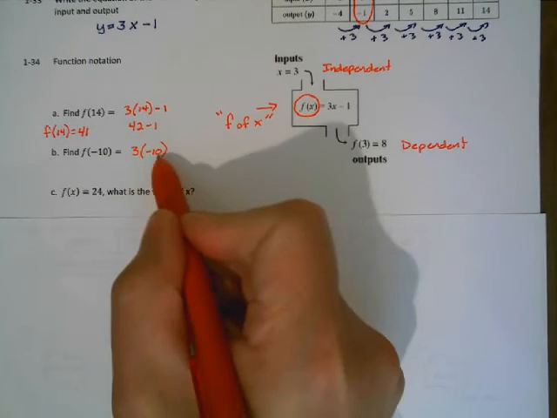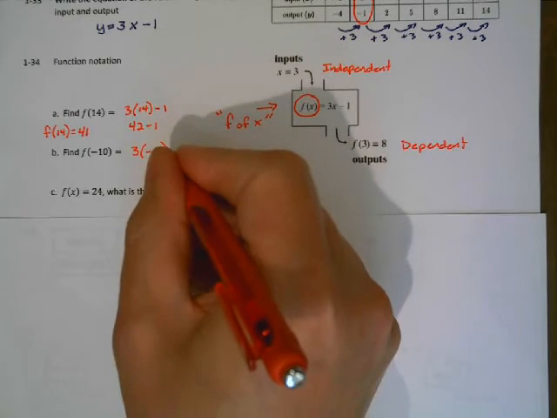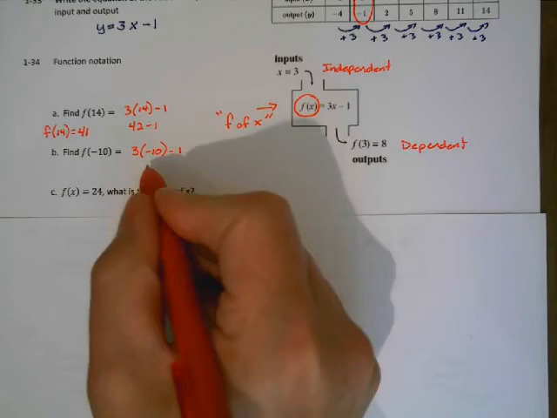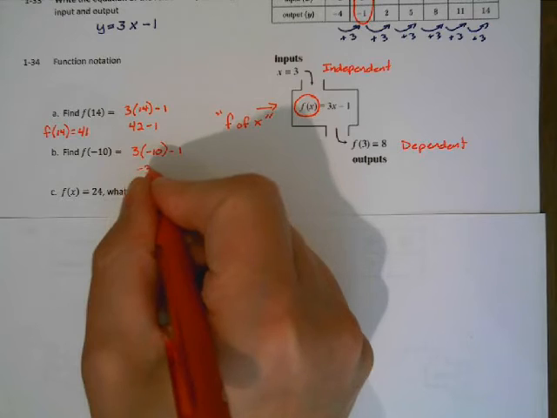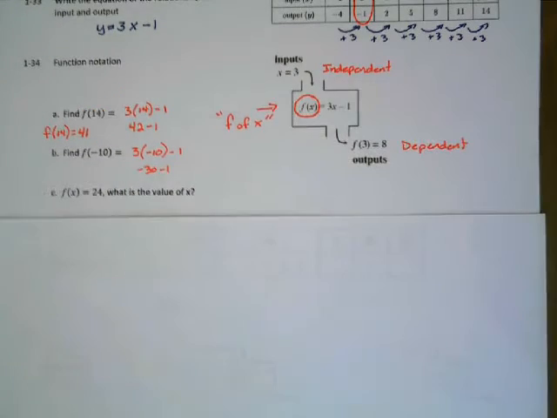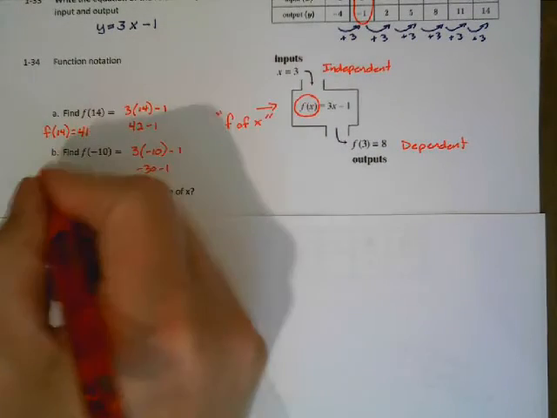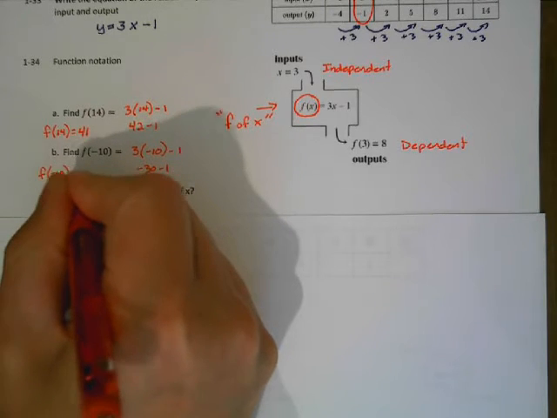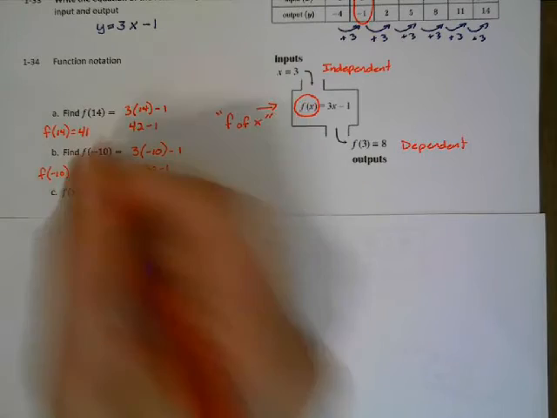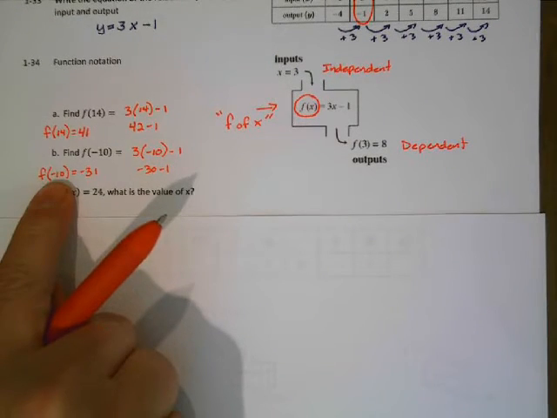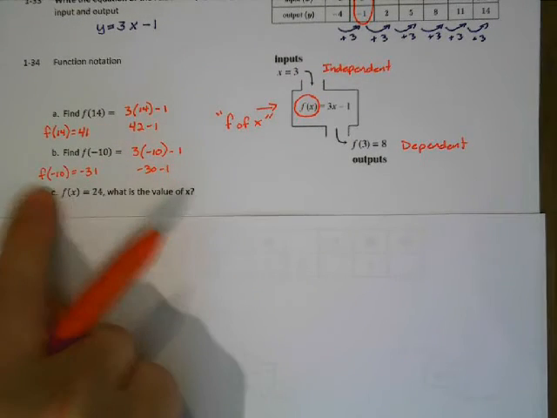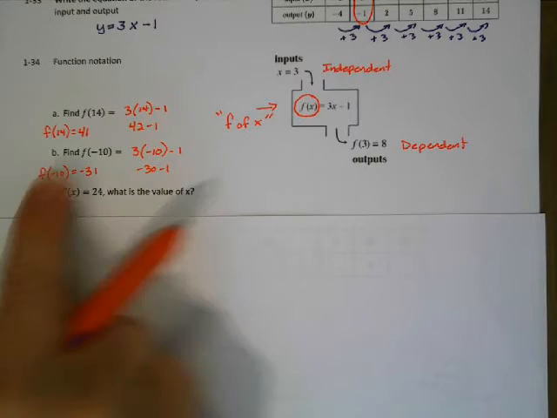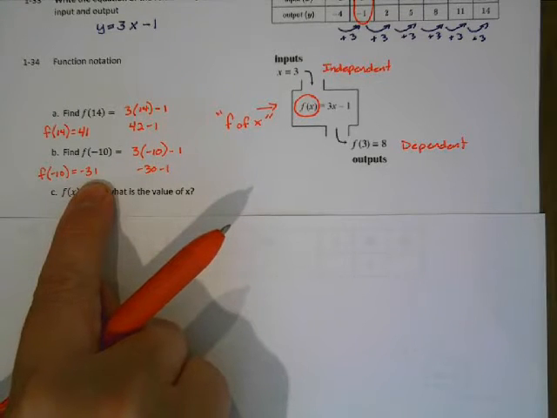So 3x is negative 10, and minus 1. So here I've got 3 times negative 10 is negative 30, minus 1. Looks like I get negative 31. So f of negative 10 is equal to negative 31. There's my output. So my input is negative 10. It goes into the function, and then it comes out as negative 31.